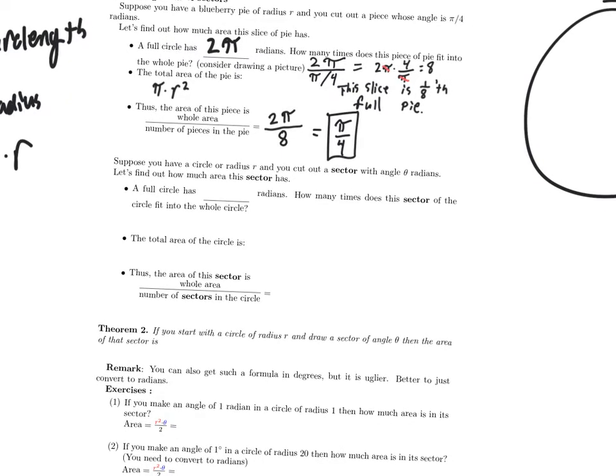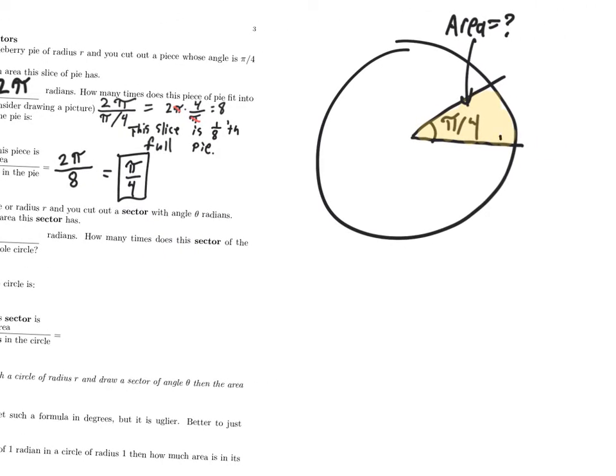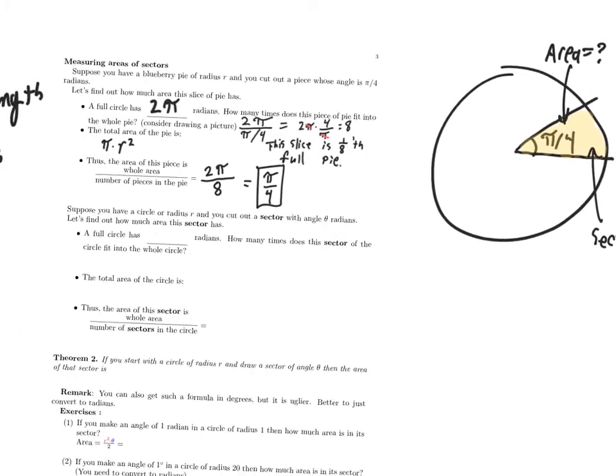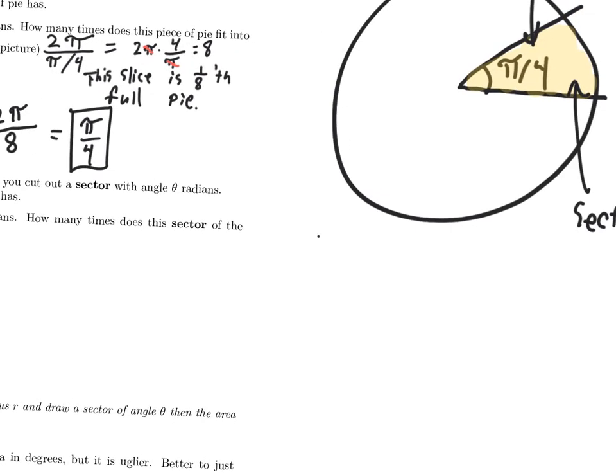So suppose you have a circle of radius r, and you cut out a sector corresponding to an angle of theta radians. This region is known as a sector. So let's use the same computation. You cut out an angle of theta radians this time, so let's draw a corresponding picture.